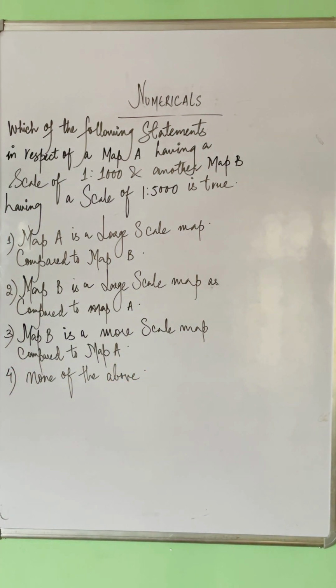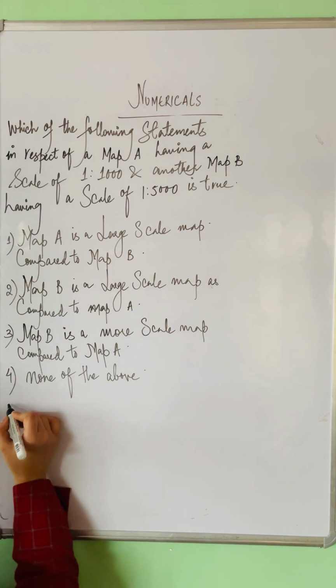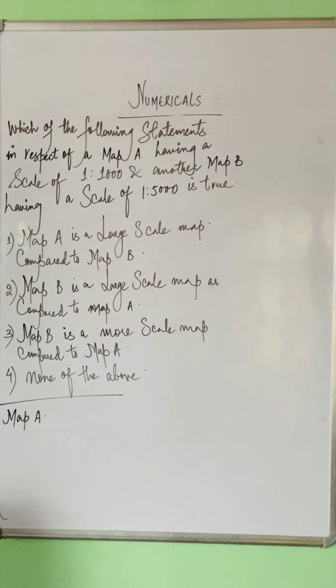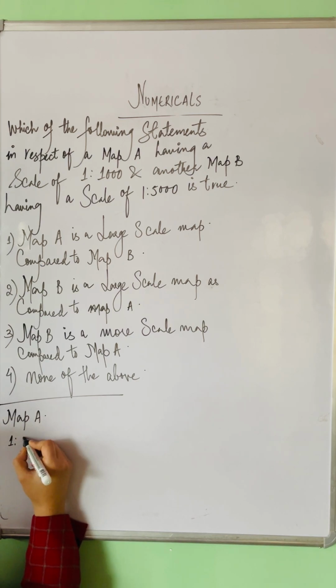So the question is, which of the following statements in respect of a map A having a scale of 1:1000 and another map having a scale of 1:5000 is true? Let's try to find out. Map A, how much is the scale? 1:1000.